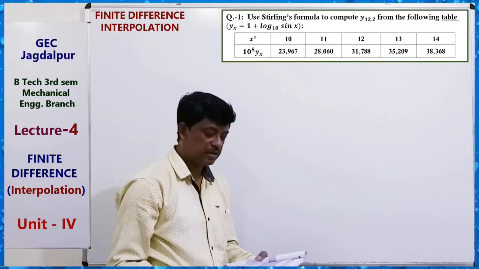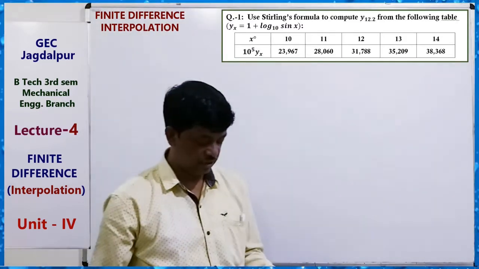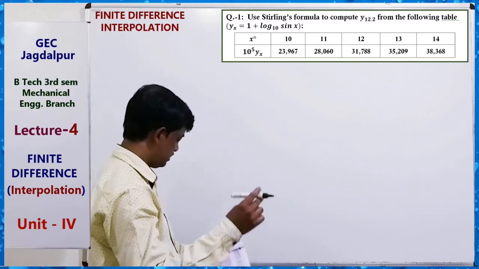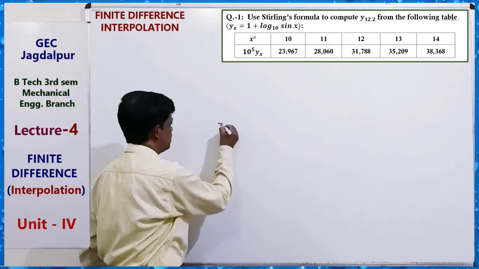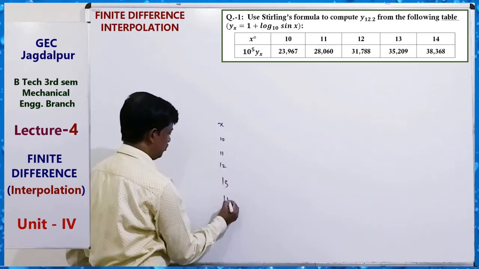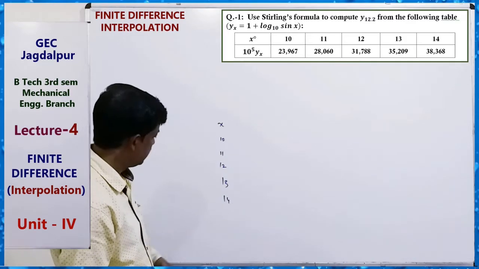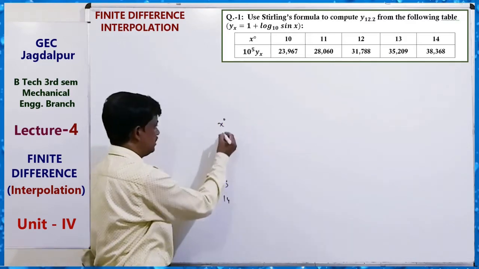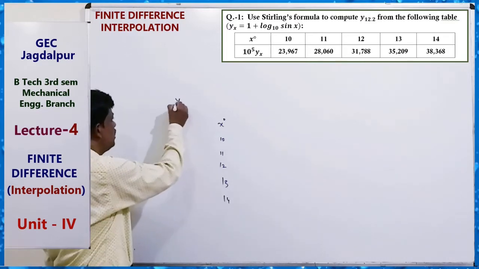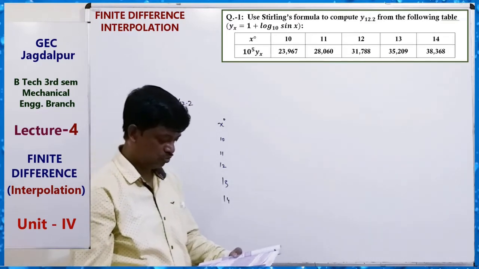Okay, so how can you solve it? Stirling formula, we just have to use here. So values are given like this. X is 10, 11, 12, 13, 14. These are the values. Okay, and x degree is given. And we have to compute y 12.2. 12.2.